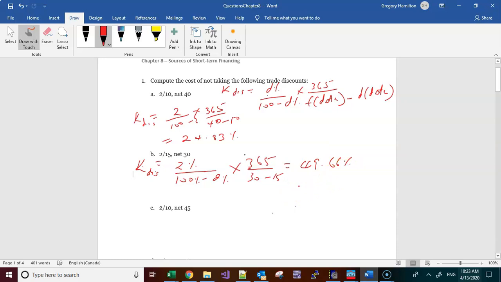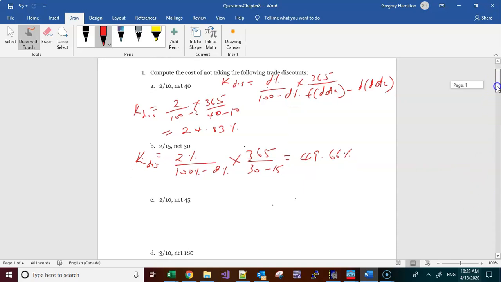So if I pay in full in 15 days, I'll get a 2% discount. But if I choose to pay in 30 days, then that would be at a rate of 49.66%, as I would have effectively borrowed a loan for 15 days.